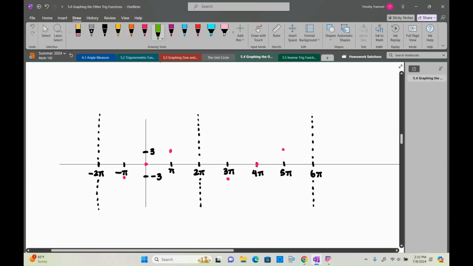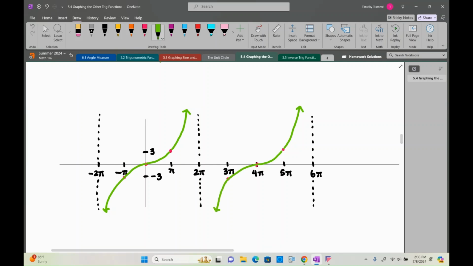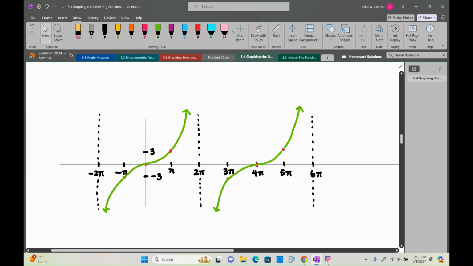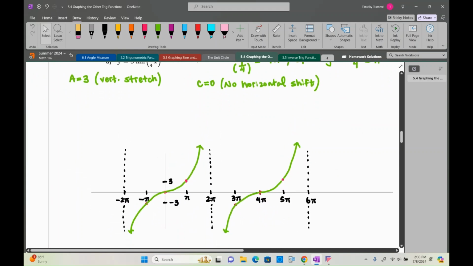And we'll just go ahead and finish this by connecting with something that looks like the shape of tangent. And right there is our final graph. This is 2 full periods that we're looking at here.